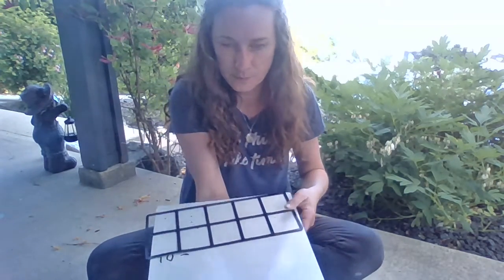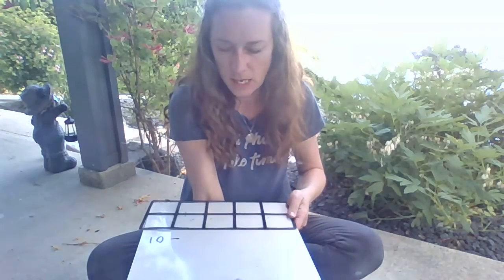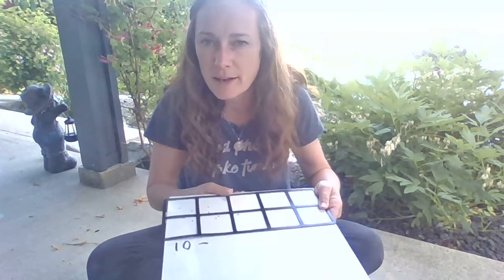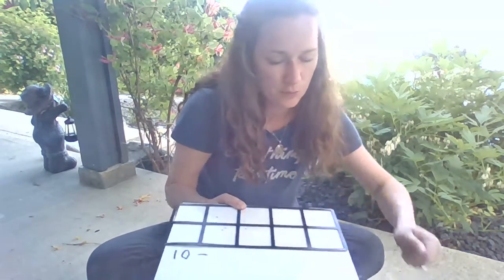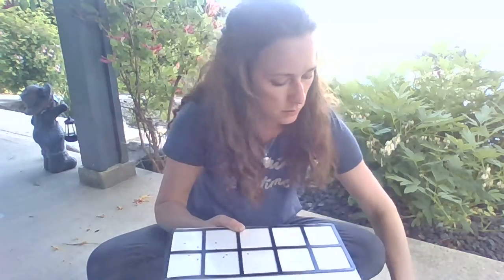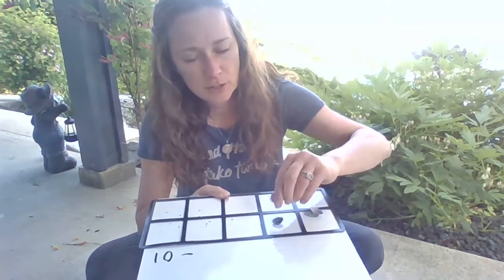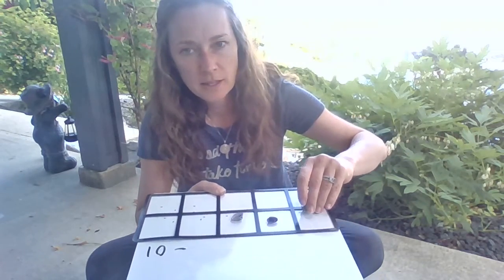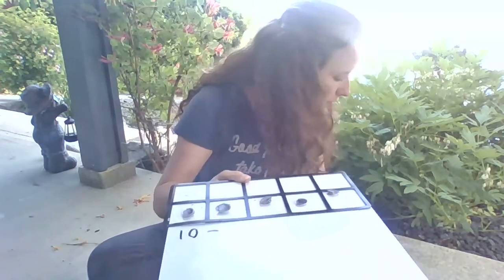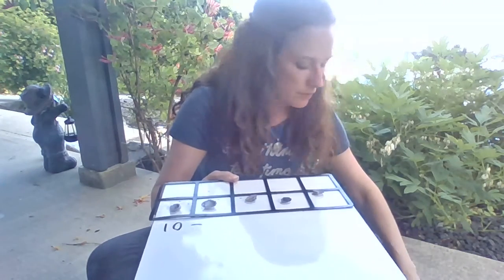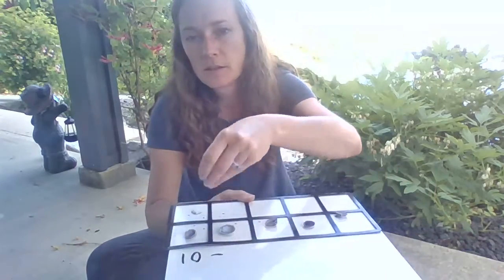Write down 10. And then here comes 10 shells. I wish this board was magnetic. I should be using a baking sheet or something. Okay, 10 shells. Here we go. Nope, that's a rock. 1, 2, 3, 4, 5, 6.